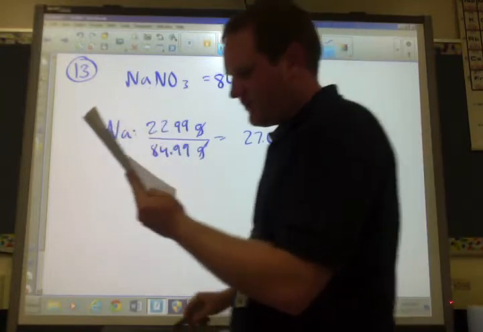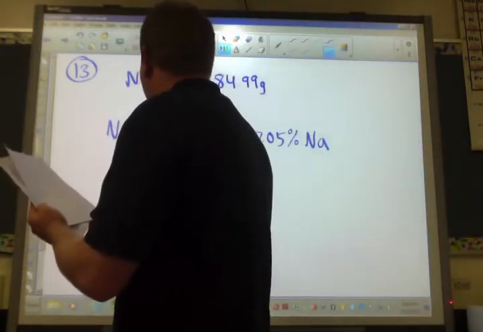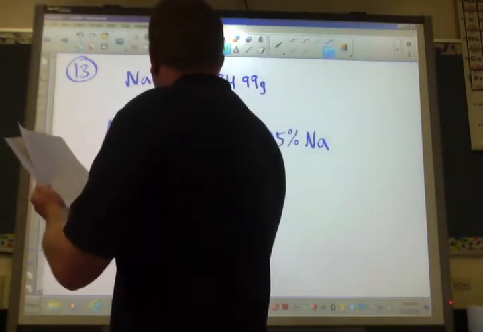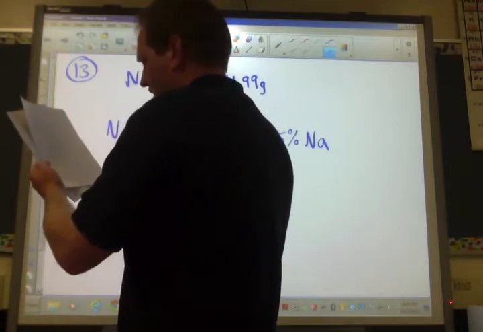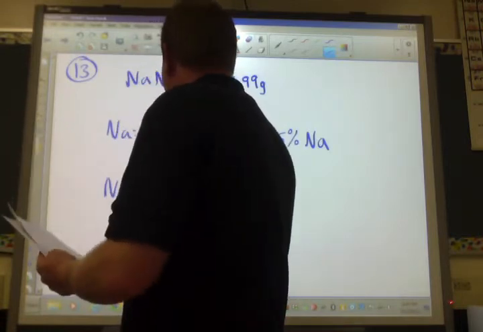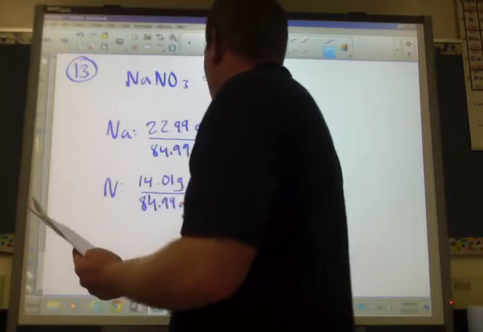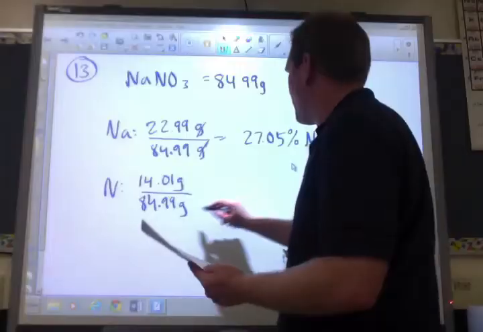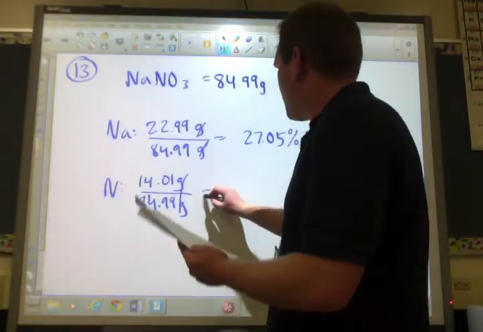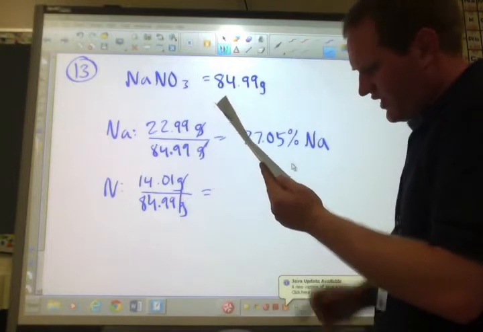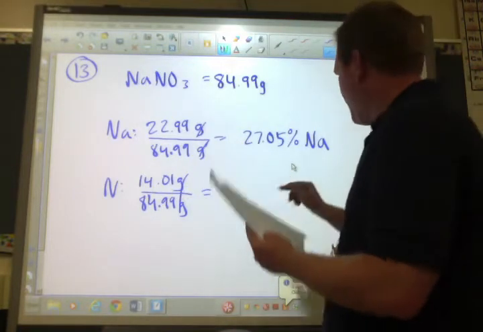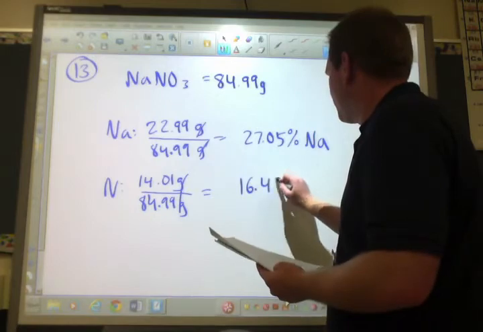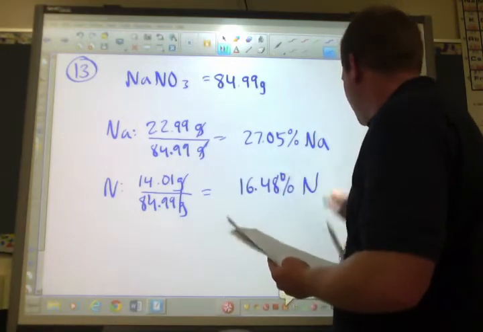Next, N, nitrogen, 14.01 grams, divided by the total, 84.99 grams. Gram cancels gram. This gives us, times 100%, 16.48% N.